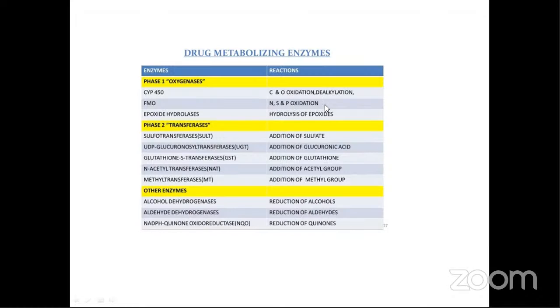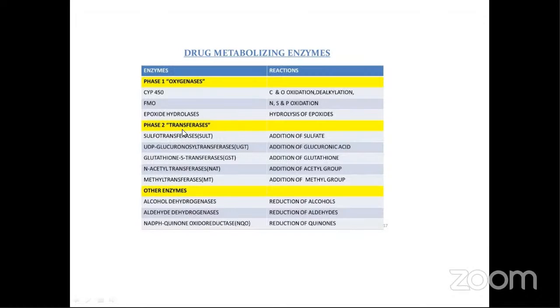Flavin monooxygenase, FMO, is required for nitrogen, sulfur and phosphorus oxidation. Epoxide hydrolase is required for hydrolysis of epoxides. Like these small examples you can remember: what are the reactions, and what are the enzymes required?